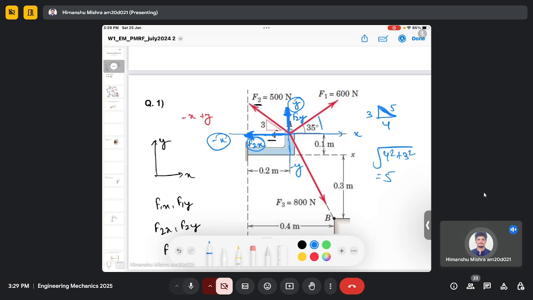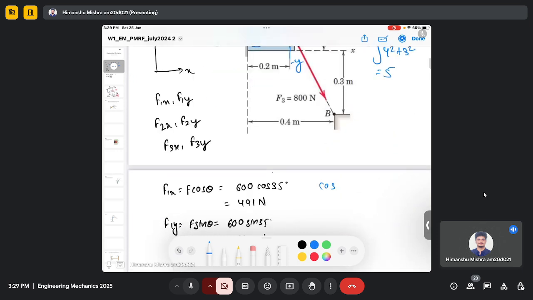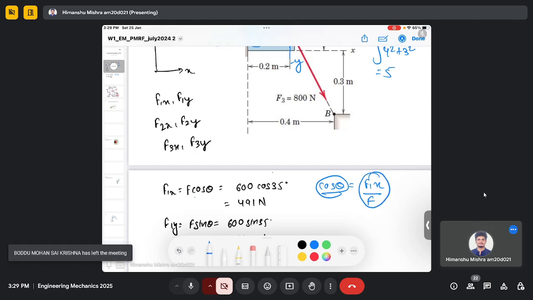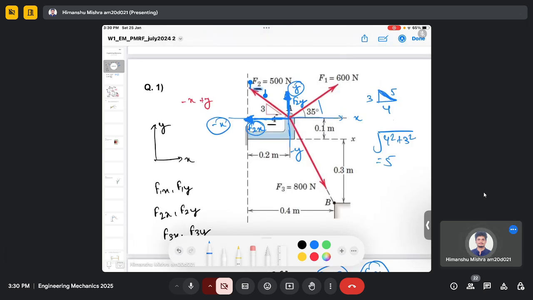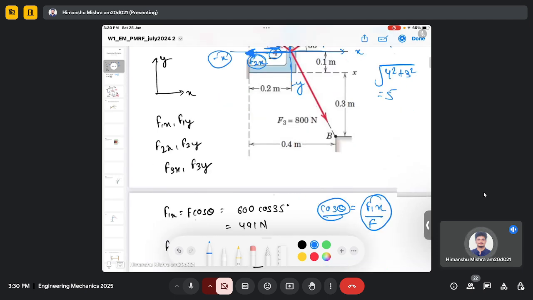In the earlier case, I directly used the concept of angle, which is cos theta equals F1x divided by F. So in the earlier question, I directly used this angle, but now I am using this ratio of F1x to F. So to calculate F2x, I have to use the cos ratio, which is 4 over 5, because I already know that at side 5, my force is F2, but at side 4 I have to calculate. So basically I'm using the cosine rule here.